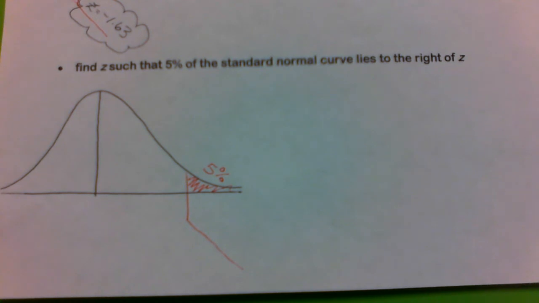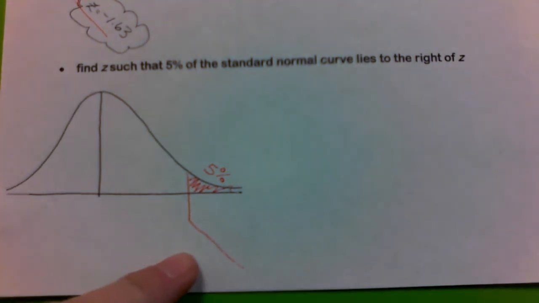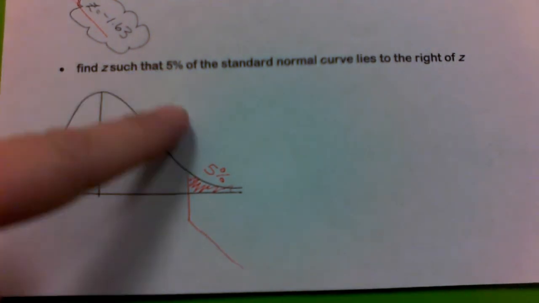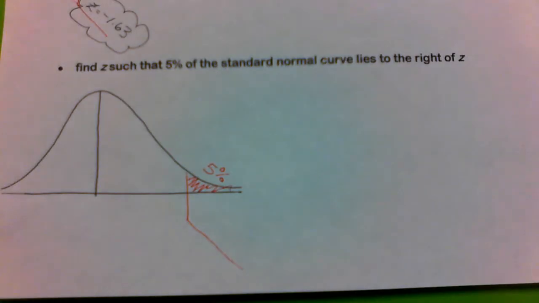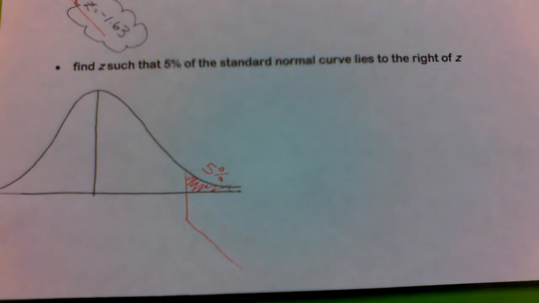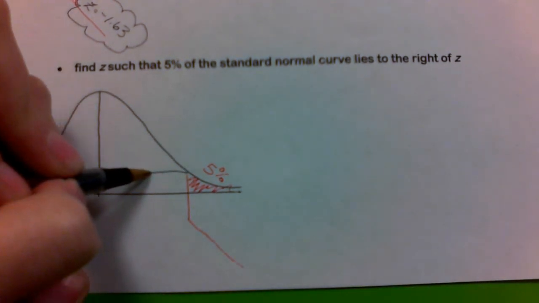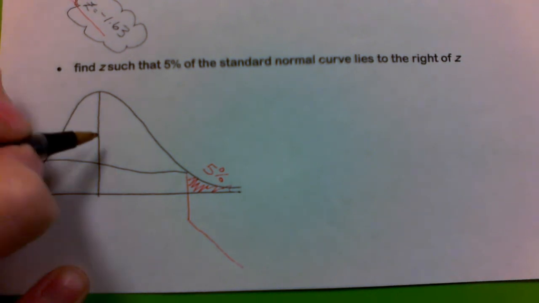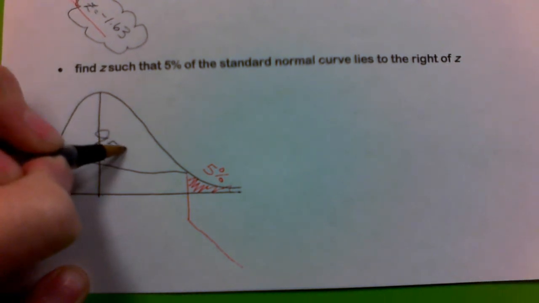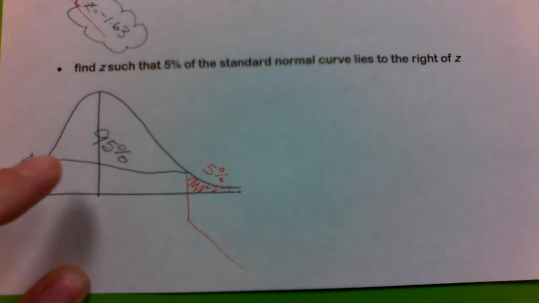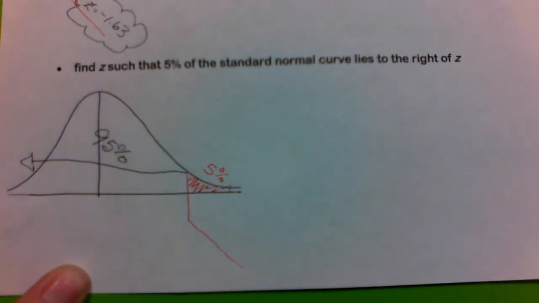Now, I can look at this and go, okay, I know my z-value is a positive number, just based upon how much we shaded and in what direction. But my table is left-tailed. So I am going to be looking for, on the table, that amount that is to the left of this, which is the non-shaded, which is 95%. And again, I knew that because 95 plus 5 is 100.